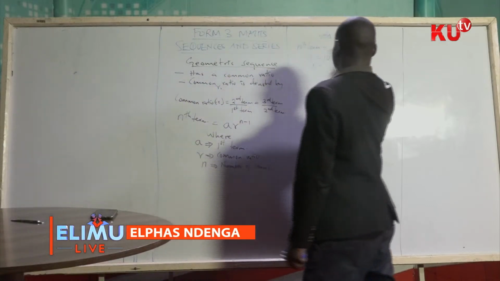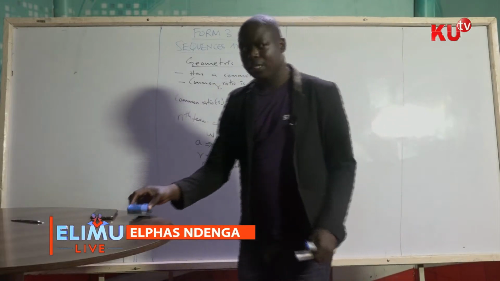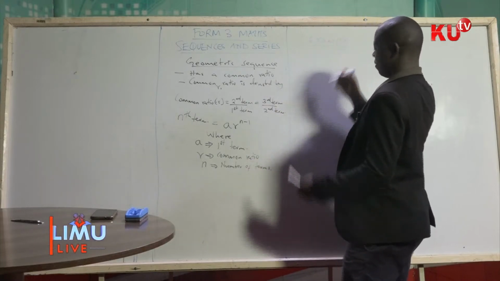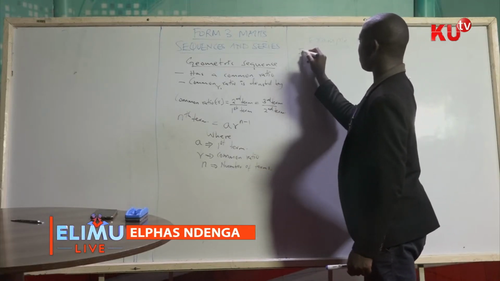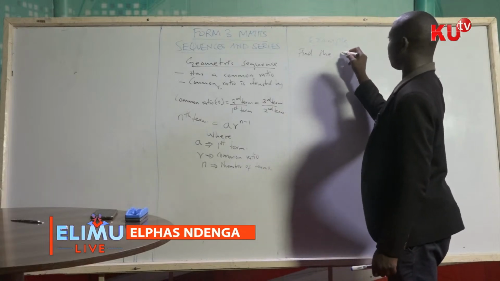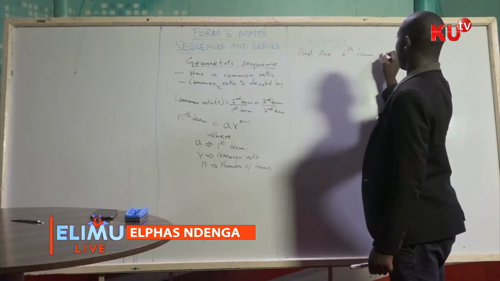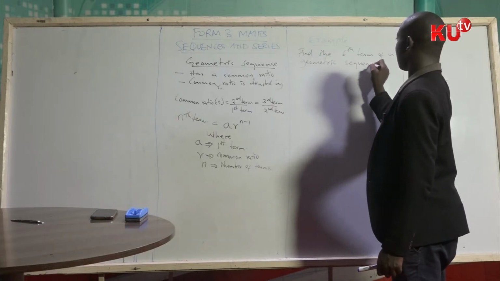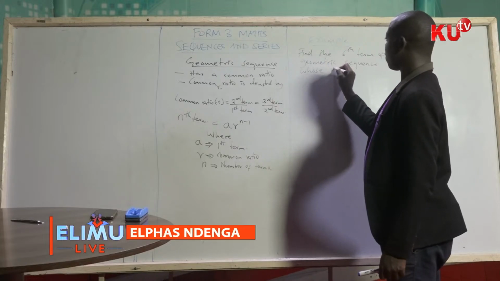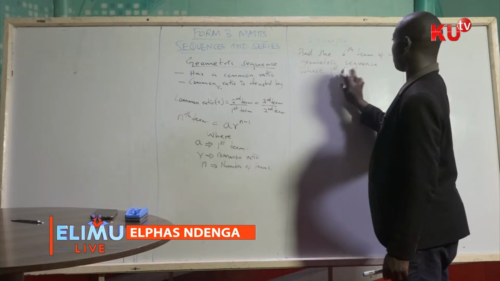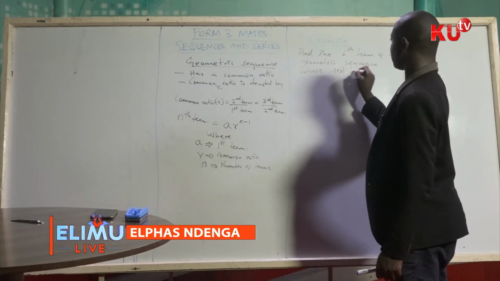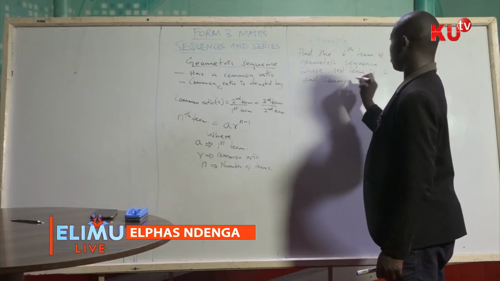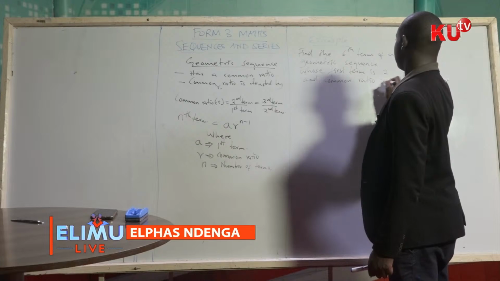Putting it in practice as an example: you're told to find the sixth term of a geometric sequence whose first term is 2 and the common ratio is 3.